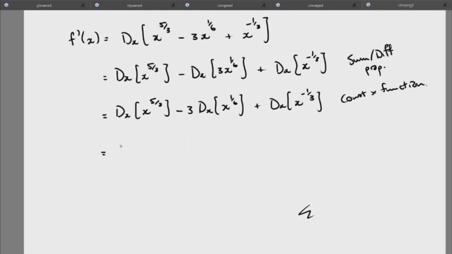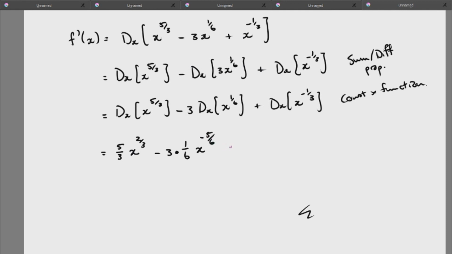And I just have to keep track of these annoying little fractions. The 5/3 goes in front. The new power of x is 2/3. The minus 3 was already in front. See my nice big dot or brackets. 1/6 goes in front. X to the negative 5/6.